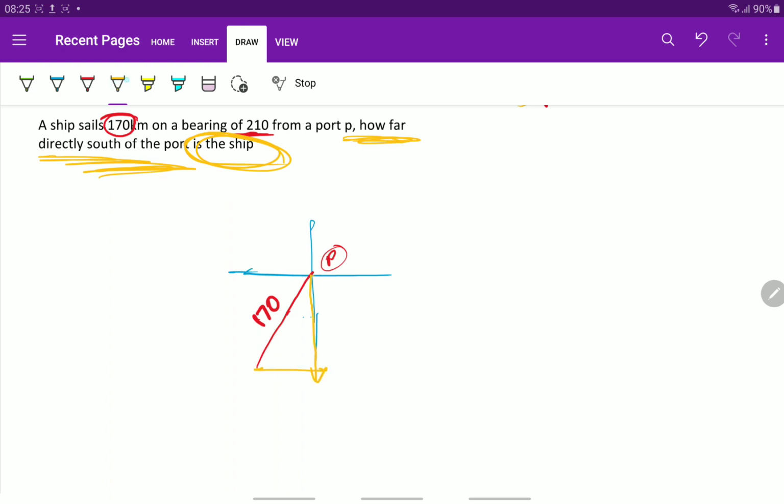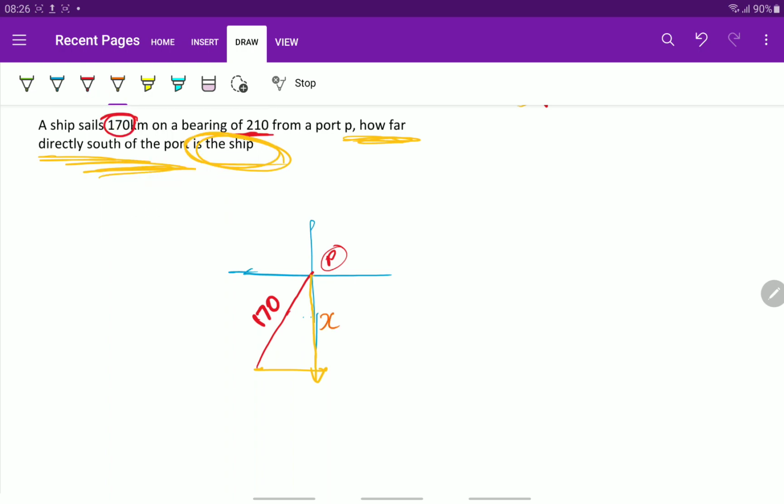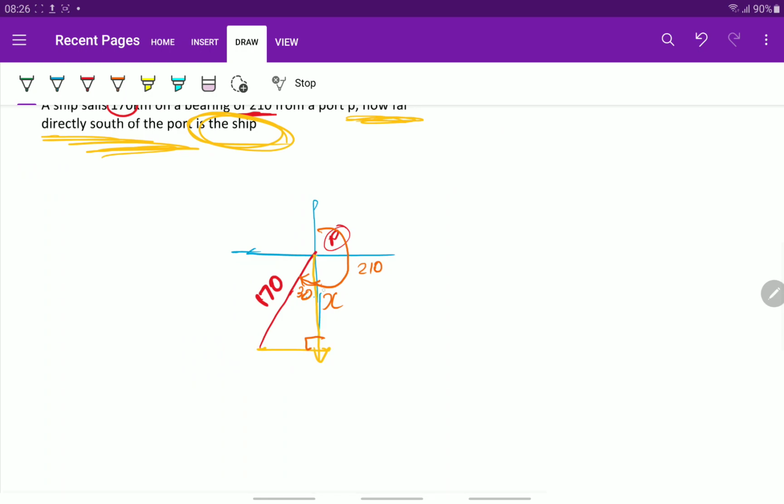We got ourselves a triangle, and we are asked to find this distance, x, and we know that this angle is 30 because this whole thing's 210. With the understanding of this, we can put our right angle trig concepts to use. So we have one angle, we have the adjacent, and the hypotenuse.